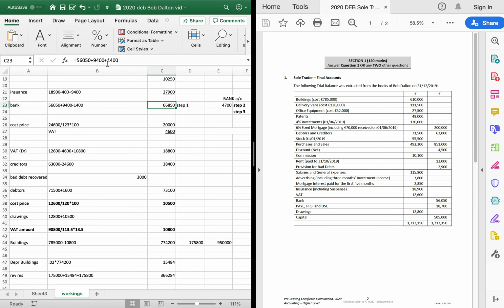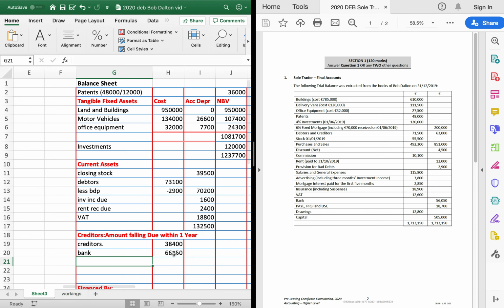Sorry, I've got that as a plus there. That number looked completely wrong. Sorry about this. 64,050. If this doesn't balance, it definitely goes to that bank number. 64,050. All right, that's the bank.